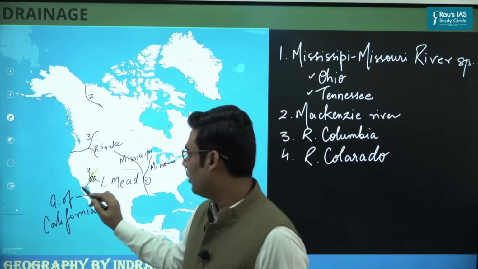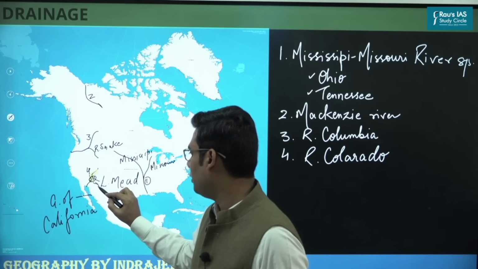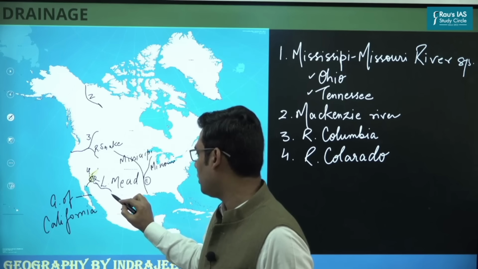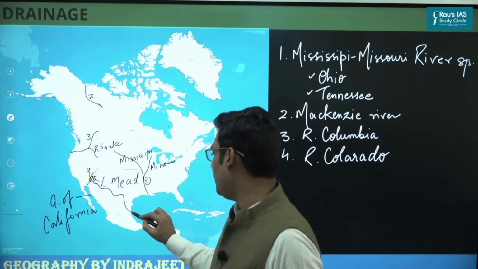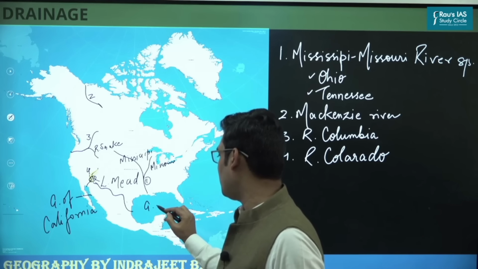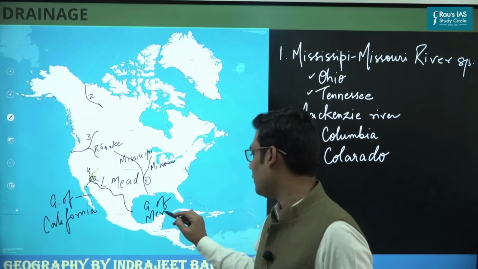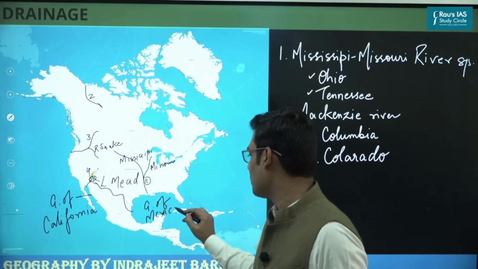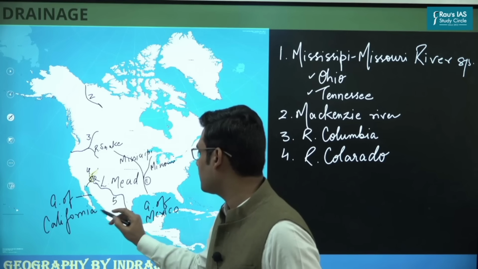Then the next river we move on to starts in the USA, then moves along the borders of the USA and Mexico, and then flows into Mexico, finally draining into the Gulf of Mexico. Let's number it 6.